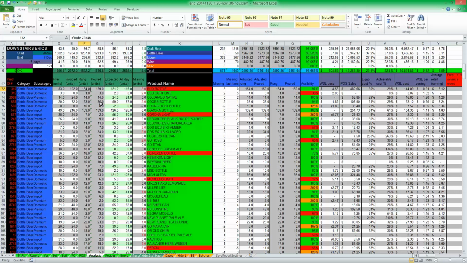Then, if we want to know the number poured, we need to combine these three pieces of information: the previous count, what was invoiced, and today's count. So let's do that and see what we come up with in terms of what they poured. The number actually is 159. It shows here, but I want to just confirm for you that that's true.